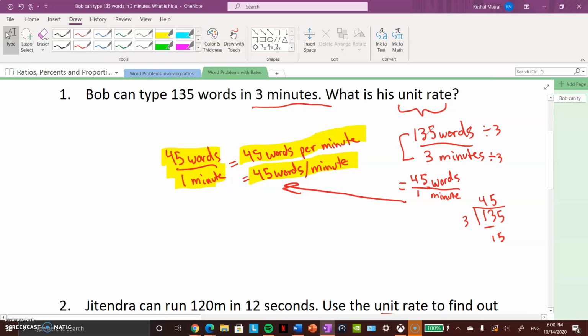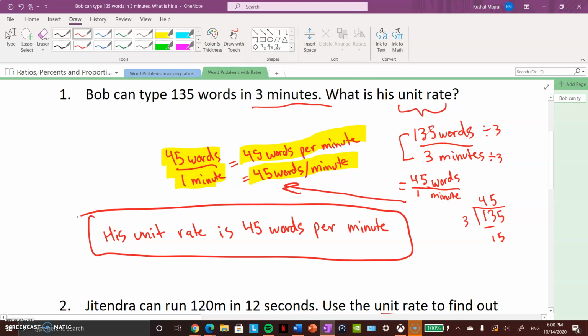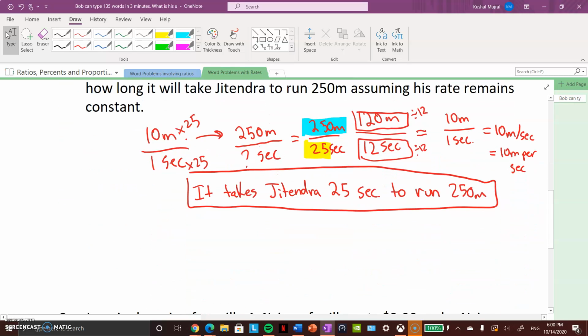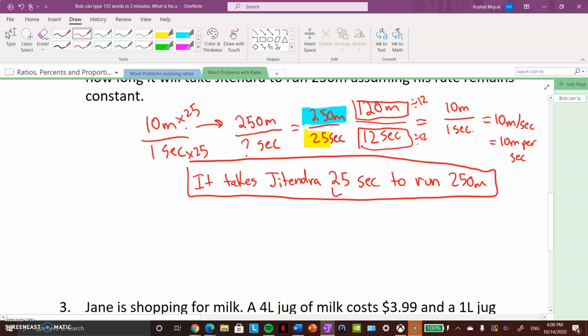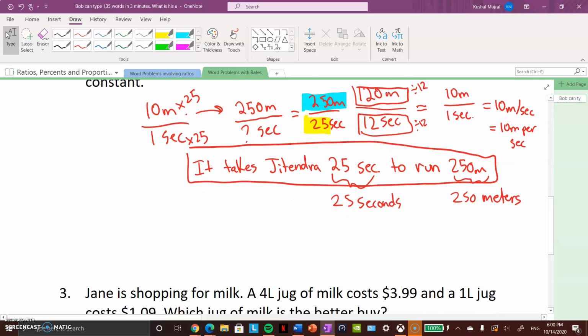You're going to write something like, his unit rate is 45 words per minute. Okay? Also, it's fine if you write for this, 25 seconds, or here you write 250 meters. I just wrote them short just to save time.